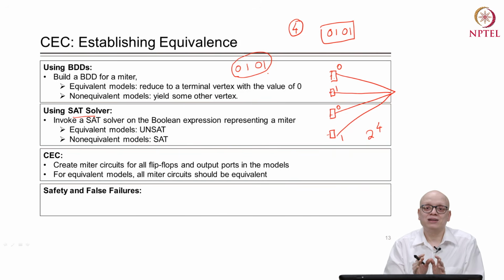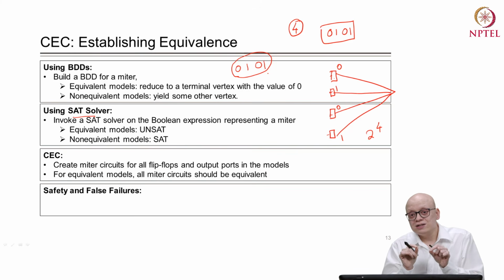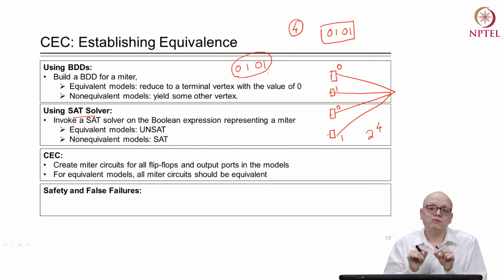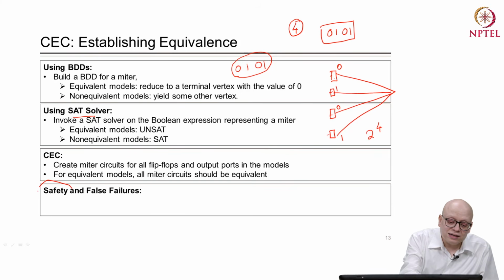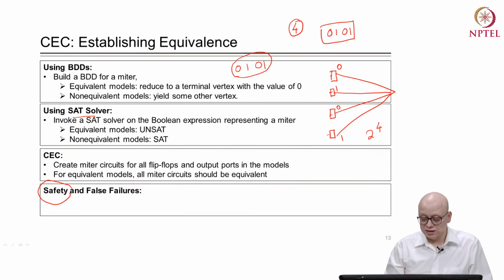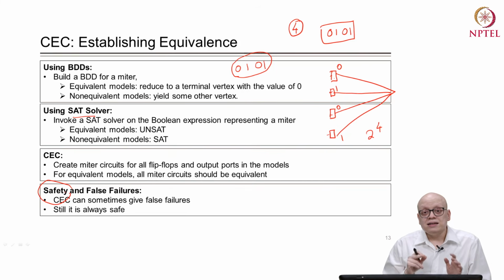It will never miss a failure, meaning that if there is indeed a situation in which the two models are different, it will always be reporting that. It will not miss any failures, and that's why combinational equivalence checking is a safe method. Though it can give us some false failures, it is still a safe method, and that's why combinational equivalence checking is widely used in our design flows.